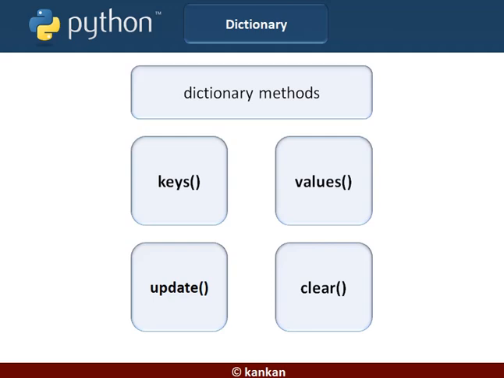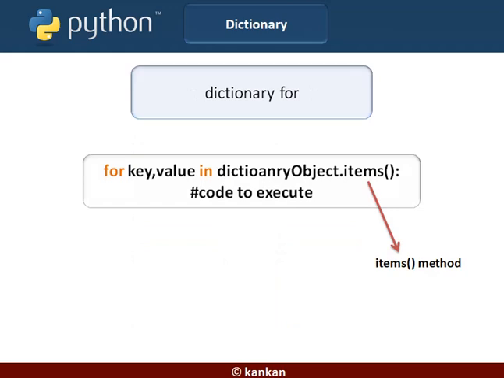Now we see how for is used in a dictionary to visit key and value. You need to visit the key and the value, as the items of a dictionary consist of a pair. One of them is the key, another one is the value.